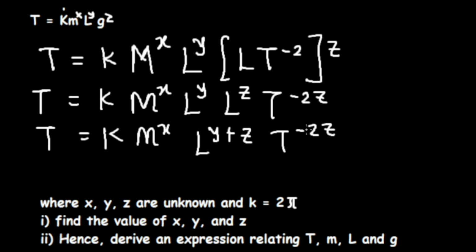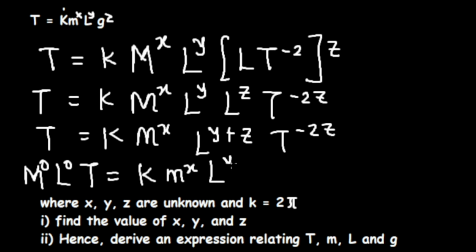You see that? Very easy. So now I need to compare it. There's no M or L on our left hand side, so let me put them. M to the power of 0 is still 1, so it doesn't affect anything. So then I will have T equals k M^x L^(y+z) T^(-2z). Is that okay?